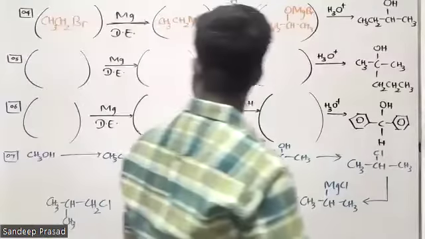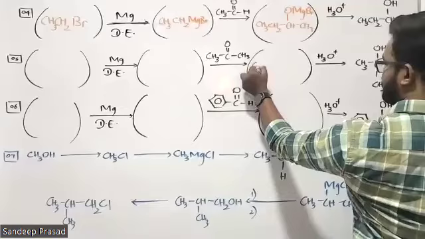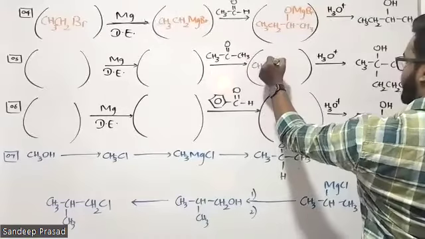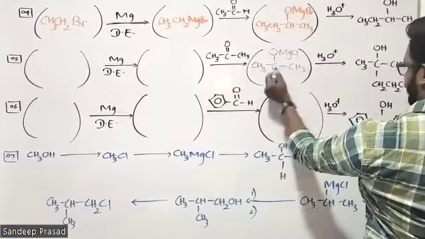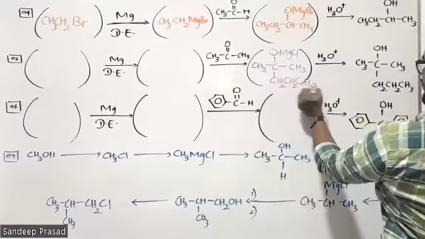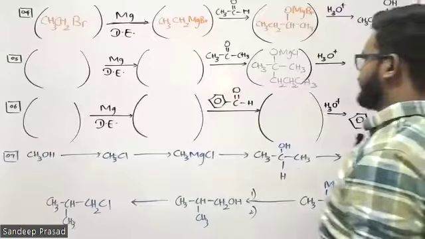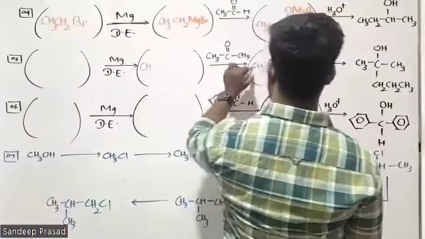Then here in the fifth one, again go for the reverse. OMgCl, CH3. So here we have a propyl group, CH2, CH2, CH3. And the ketone that we have added is this one.